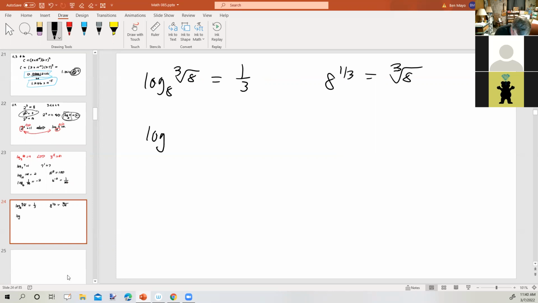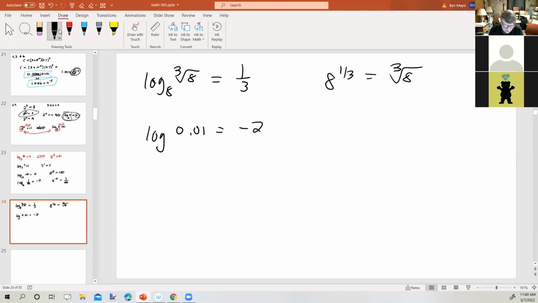Log of 0.01 equals -2. Well, we have a problem here in that there's no base written. So in the use of logarithms, there are a couple of numbers that appear a lot. One of them is base 10. Because base 10 is used quite frequently, it's called the common base.